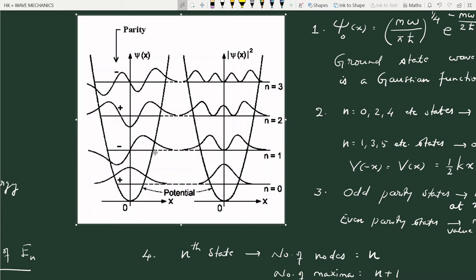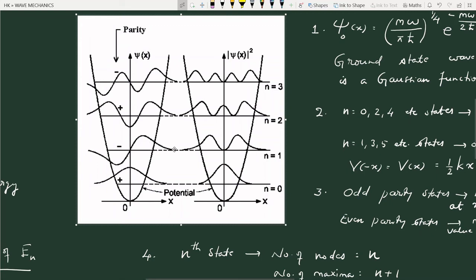What about the quantum oscillator? We have plotted the wave functions here. You can see that, for example, for the psi 0 state, the plot is like this. The wave function extends beyond the classical turning points. For each state, this is the classical turning point, but psi has a value beyond that.